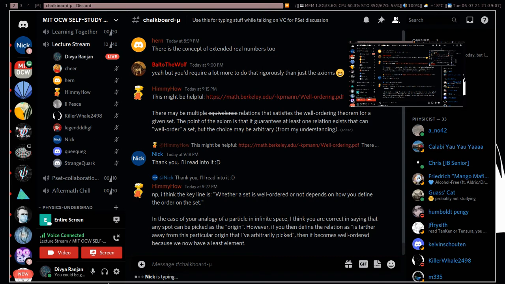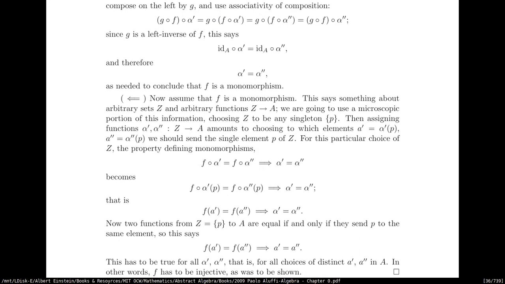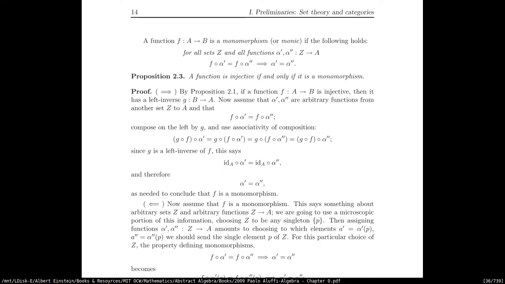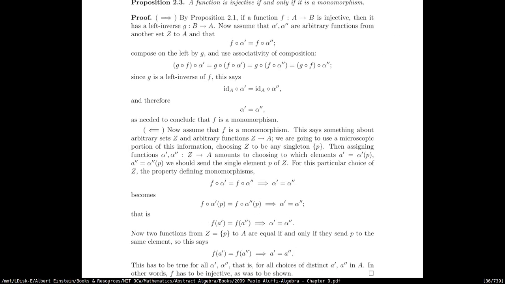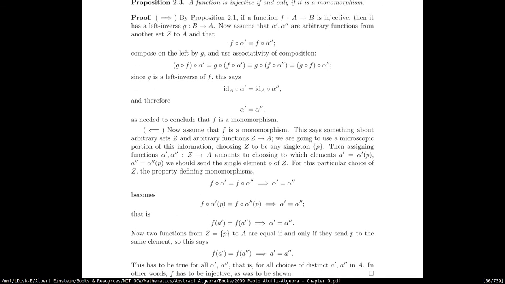Yeah, I just asked if anyone actually wants me to go through and explain this proof about injectivity and monomorphism, or does it look good to you so that we can skip? It looks fine to me, but I don't know what the others think. Yeah, if anyone actually wants me to go through it, I will. But if everyone's fine, then that's fine.